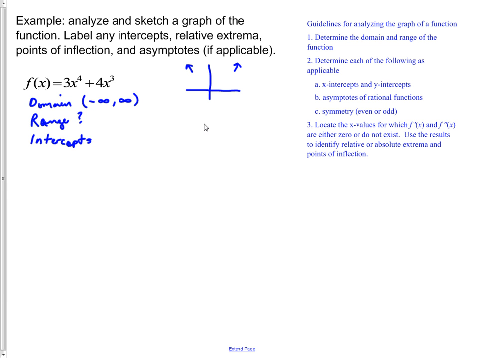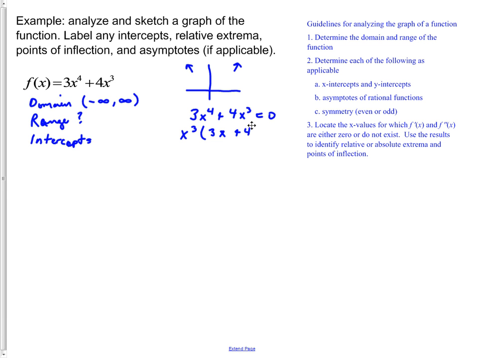Well, an x-intercept is found by setting the function equal to 0. So we have 3x to the fourth plus 4x cubed. And we set that equal to 0 to solve for x. We factor out x cubed in this particular case, leaving us with 3x plus 4.